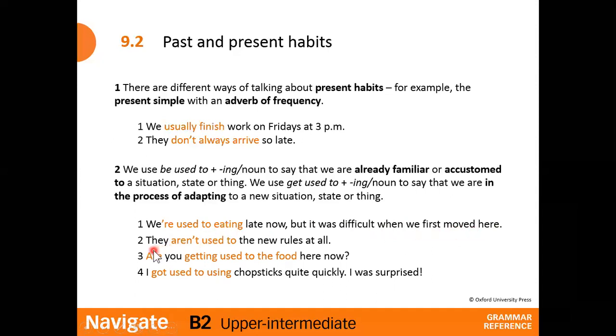All right, next, they aren't used to the new rules at all. Here you can see are plus not, negative, and used to plus noun, right? The new rules, this is a noun. Okay, so they have no habit. They are not accustomed to the new rules.